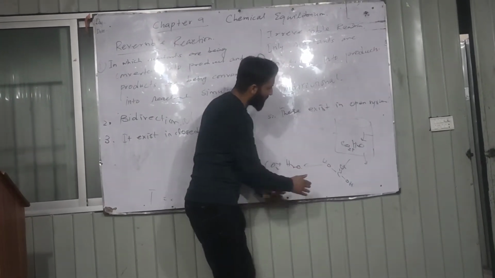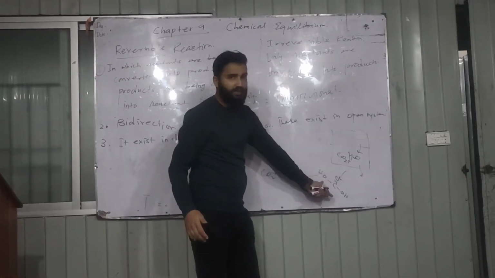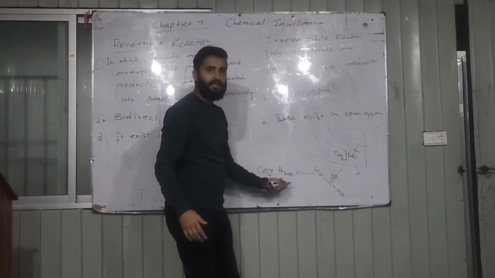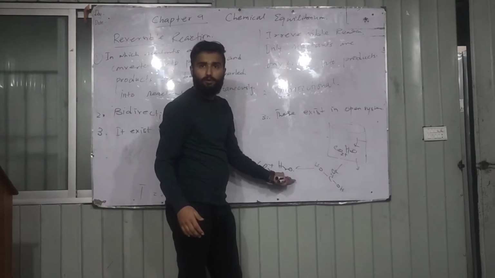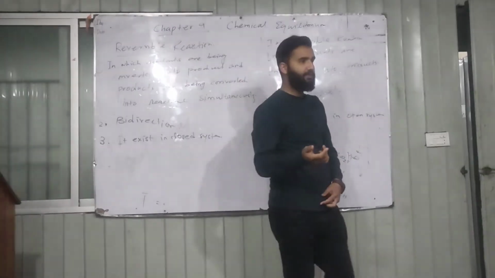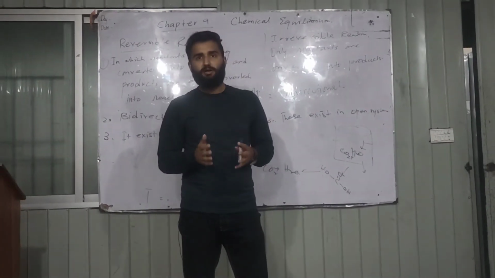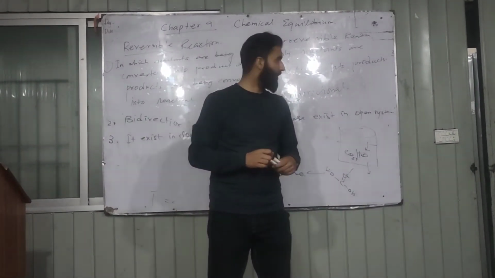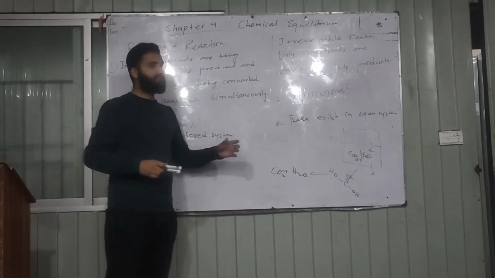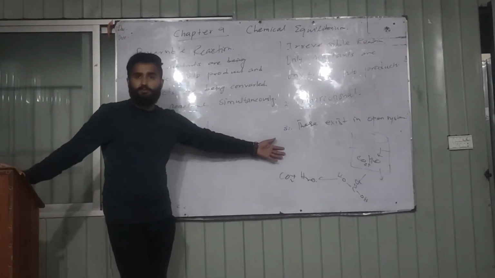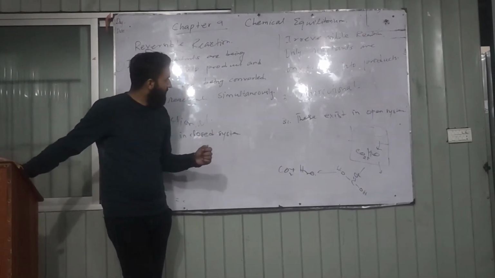All of the carbonic acid will be converted into carbon dioxide as well as water. From this example you can understand that in a closed system a reversible reaction occurs, and on the other hand irreversible reactions occur in an open system. So these are 3 major differences.